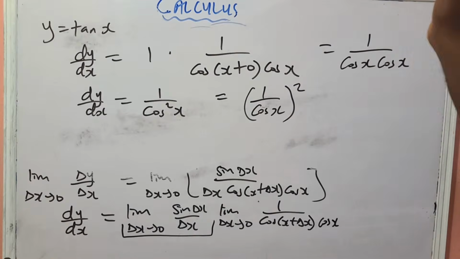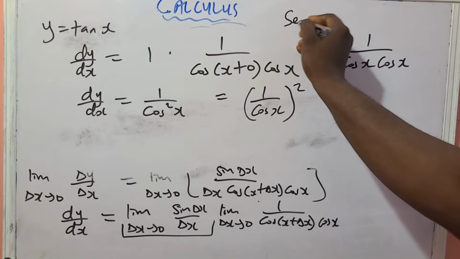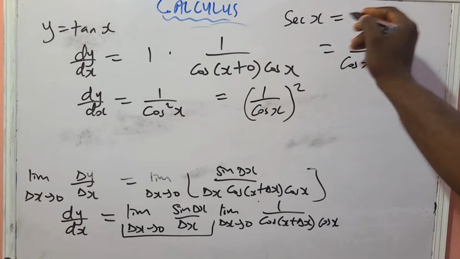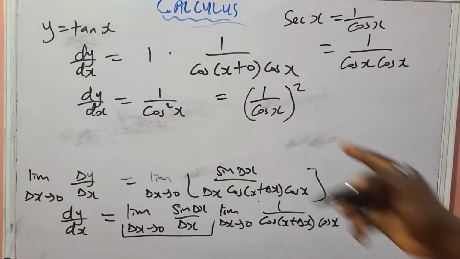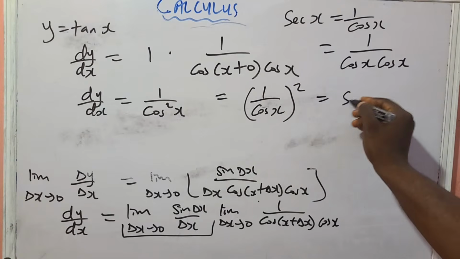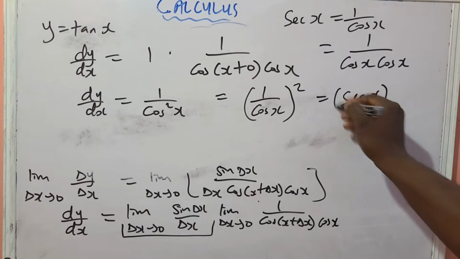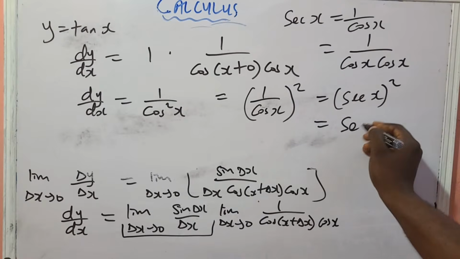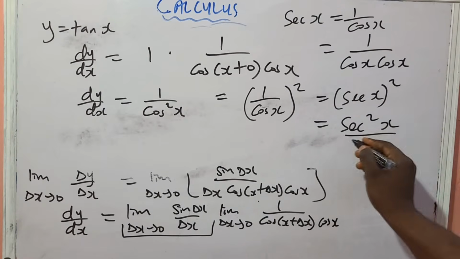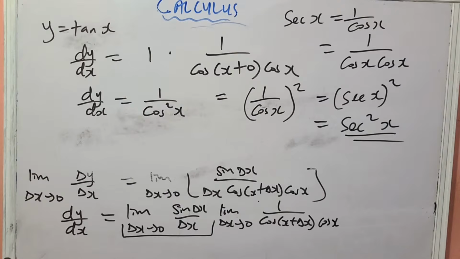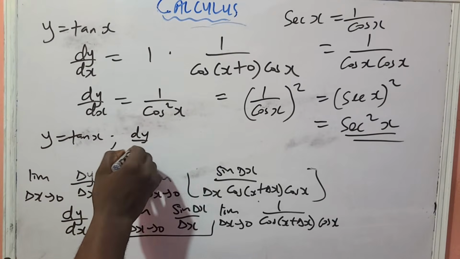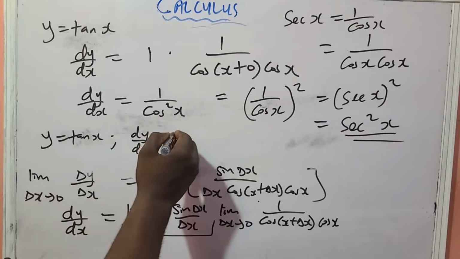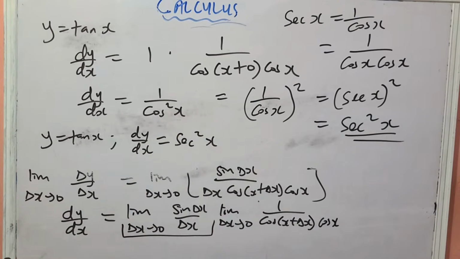If you recollect under trigonometry, the secant of an angle is the same thing as 1 over the cos of the same angle. This means this is the same thing as (sec x) squared, which is sec square x. And this tells us that when y equals tan x, dy/dx of this is sec square x.